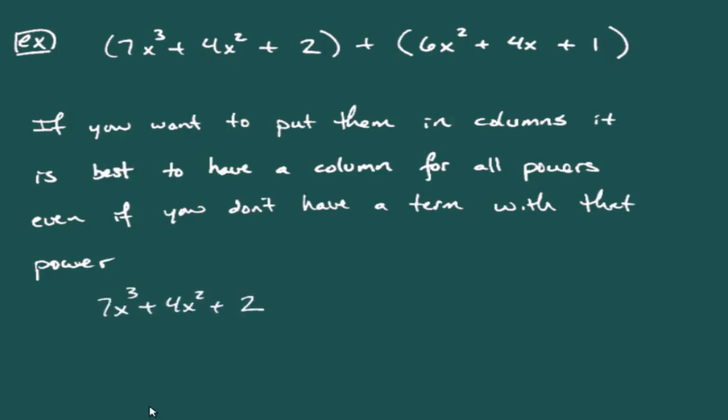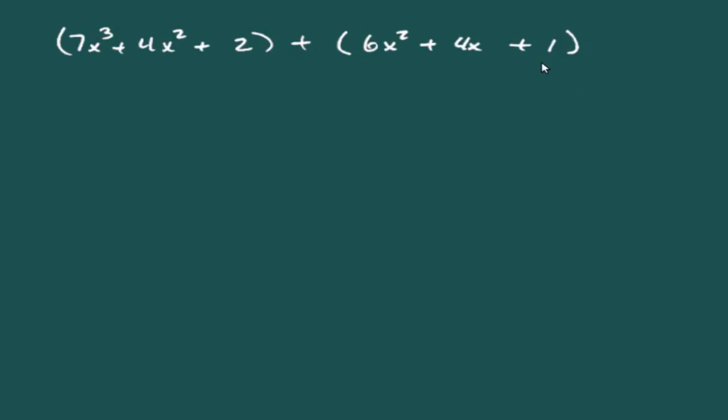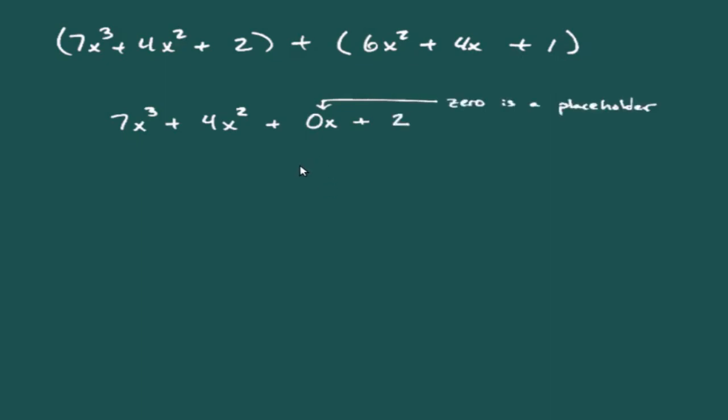And so if we want to put them in columns, we may have to add in kind of like the 0 placeholder that we put in for our numbers. And so if we're adding our 7x cubed plus 4x squared plus 2 plus our 6x squared plus 4x plus 1, then if we're listing those out in columns, we might want to put a column in there for the x power.